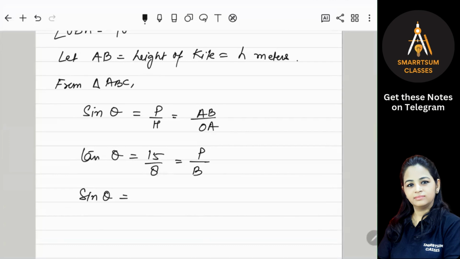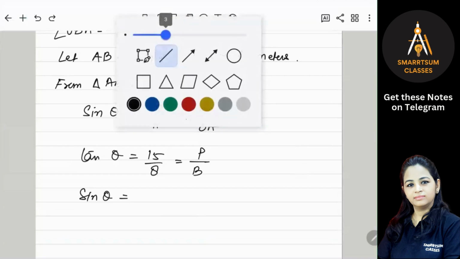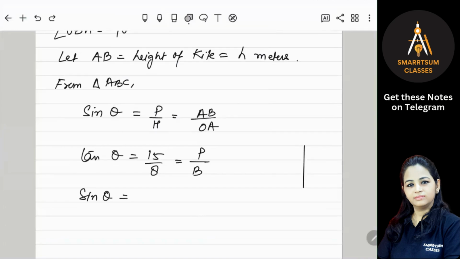If you make a right angle triangle in which the perpendicular is 15 and the base is 8, then what will be the length of the hypotenuse? This is 15, this is 8. Then what is this number? Can you tell me? Square root of 289, right? That is 17. So 8, 15 and 17 make a Pythagorean triplet.